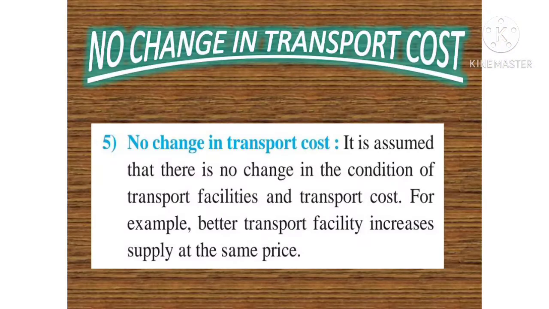Fifth, no change in transport cost. It is assumed that there is no change in the condition of transport facilities and transport cost. For example, better transport facility increases supply at the same price.